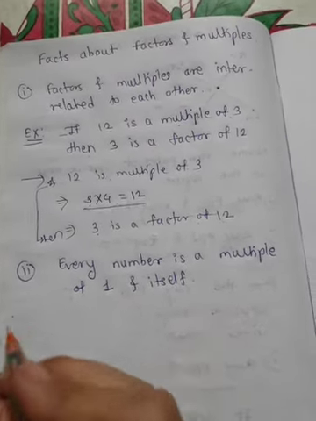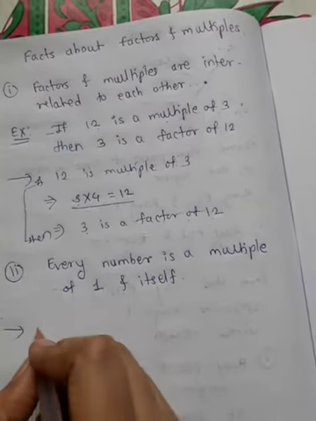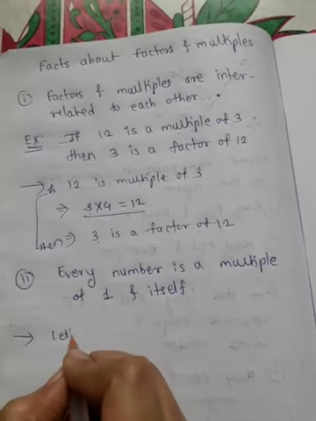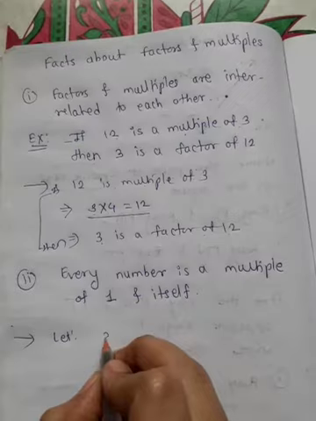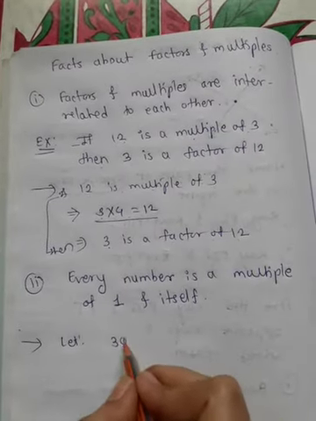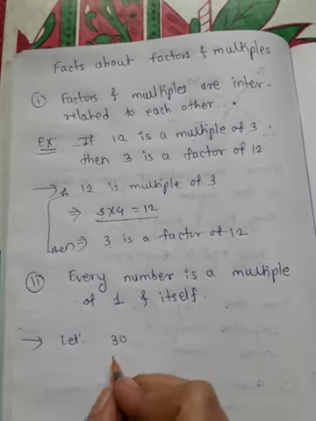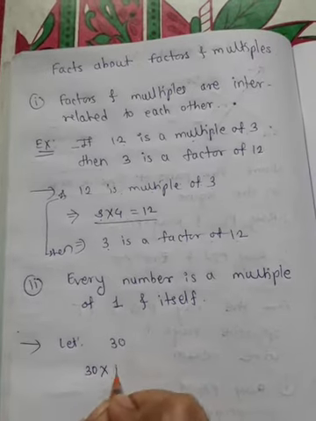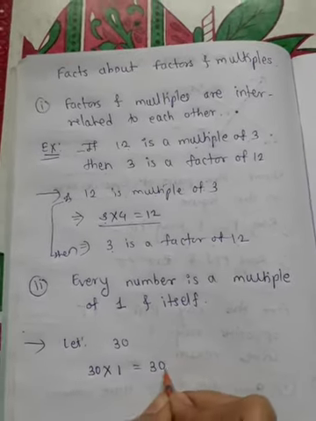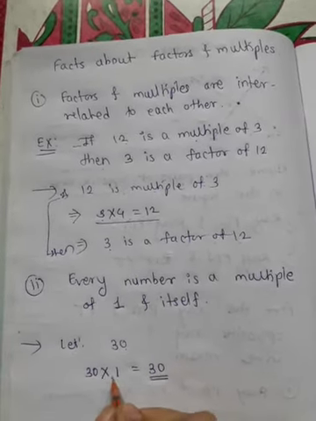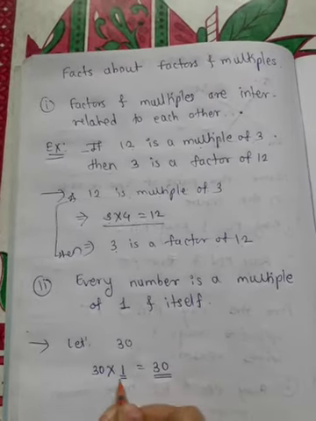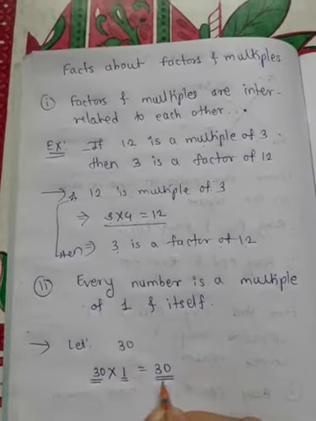Every number means any number; let's take the number 30. Every number is a multiple of 1. We know 30 into 1 gives 30. So the given number 30 is a multiple of 1 and a multiple of itself.